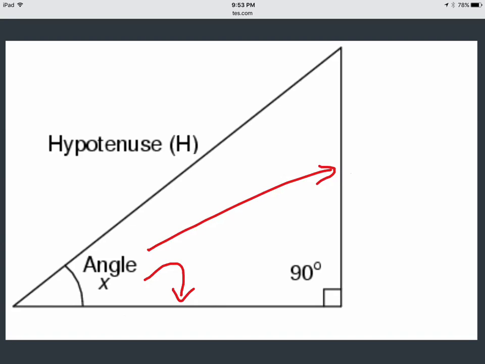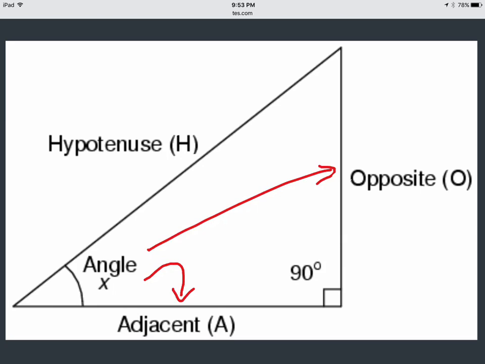Well, guess what the opposite side is called? It's called the opposite, and we're going to call that O. A different word for beside is adjacent, and the side next to the angle is the adjacent side, or A.